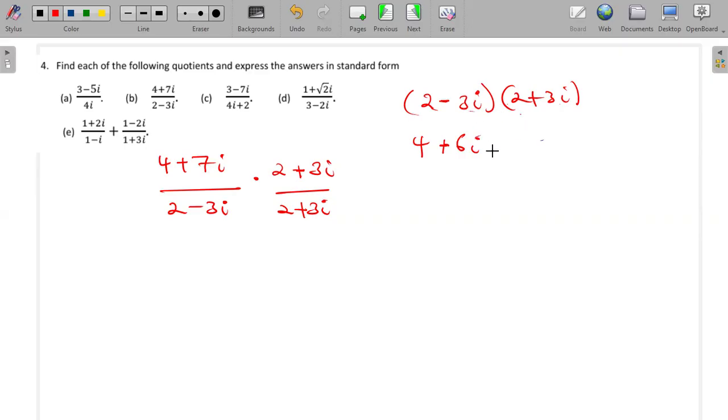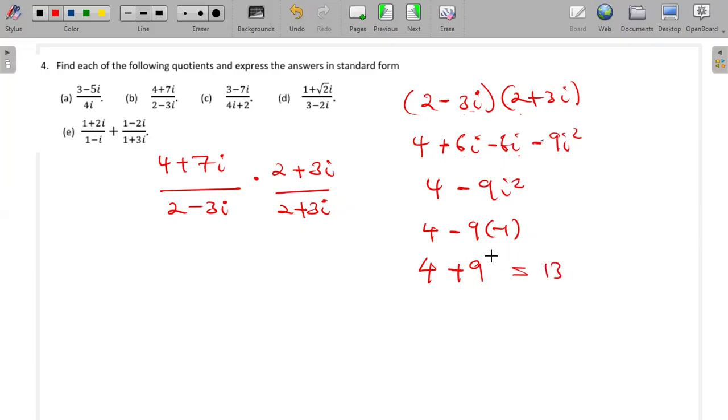Then this gives me negative 6i. Then you get negative 9i squared. This and that become 0. But what is i squared? i squared is negative 1. So I replace it with negative 1, and this becomes positive. So you get 4 plus 9, which is just 13.